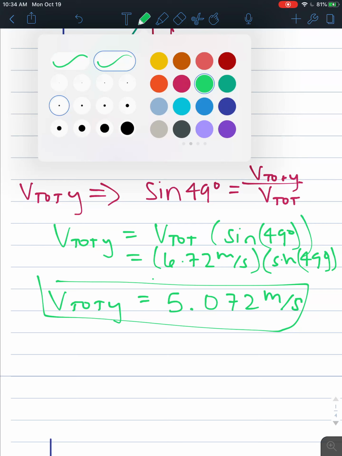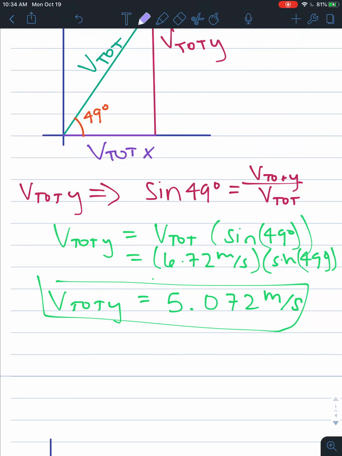All right, finding our X component now. Following that same process for VTOT X, instead of sine we're going to have cosine. So VTOT X is equal to VTOT times the cosine of 49 degrees.